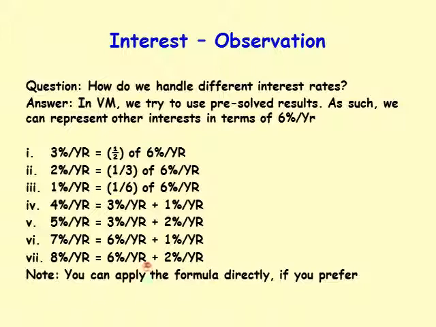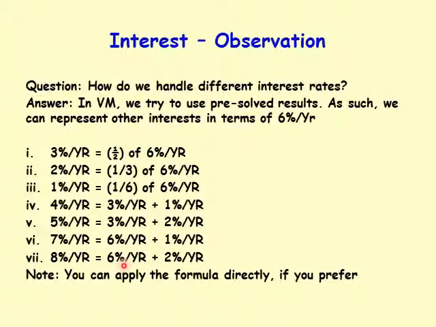Okay, let's continue. We're not trying to make it complicated here in Vedic math. We're trying to see if it's simpler somehow, because we have a pre-solved result for 6% per year, and we already know that in 60 days, $1 earns 1 cent of interest. So in 60 days at 6% per year, $1 earns 1 cent of interest.